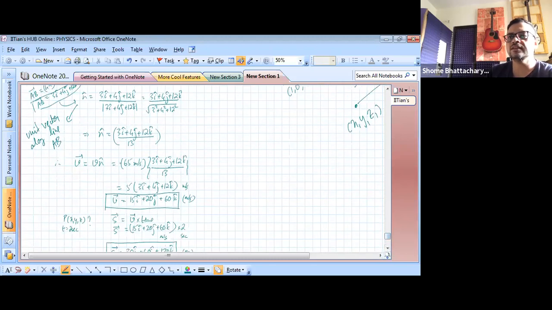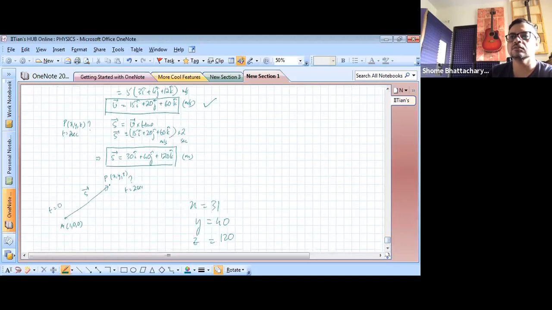Okay, so once you got n cap multiplied with the speed, so you're getting the velocity's magnitude into its direction, which is the unit vector. So that gives you the velocity as a vector quantity. Once you got the velocity as a vector quantity, then you get the displacement as velocity into time.